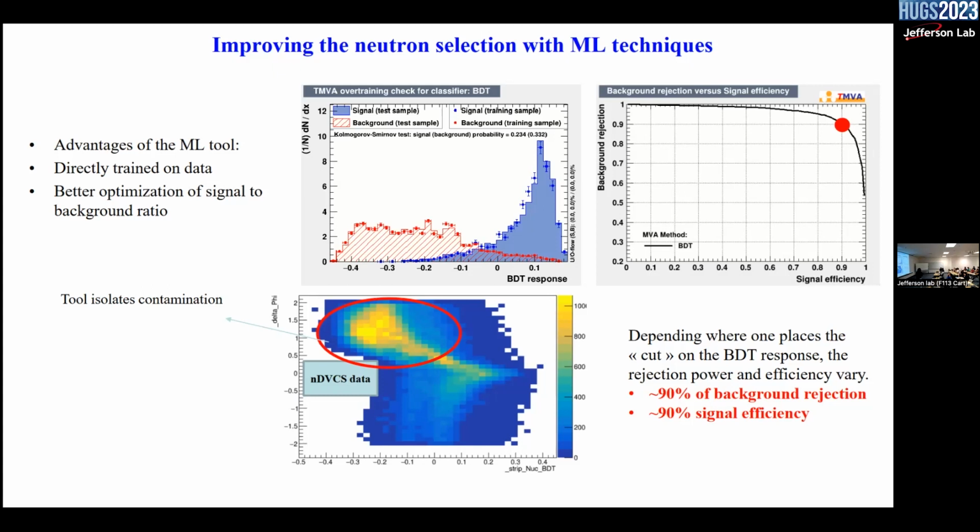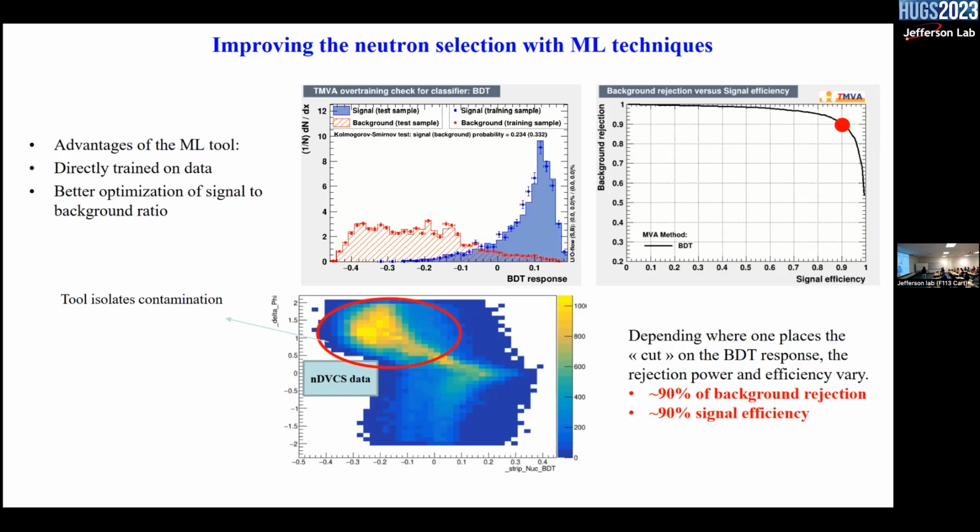Here is what is called a ROC curve, produced by this package, that gives you an idea of the rejection factor and the signal efficiency that you have by putting your cut. You can place your cut along the curve and optimize depending on whether you want purity or efficiency. If you placed your cut here, you could have 50% background rejection, but a lot of efficiency.